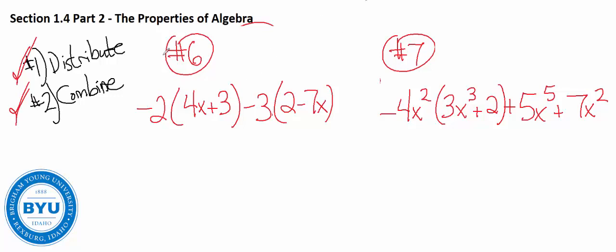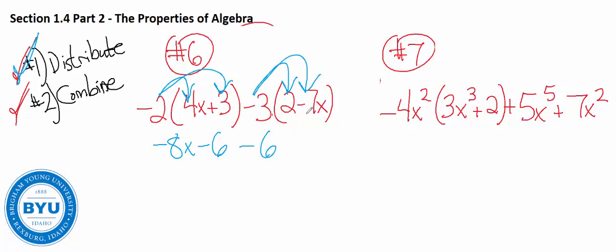Okay, let's start off with number 6. First thing we've got to do is distribute into the parentheses. So we're going to take this negative 2 in. Negative 2 times 4x is negative 8x. And negative 2 times a positive 3 is minus 6. Here we're taking in a negative 3. So negative 3 times 2 is minus 6. And negative 3 times negative 7 is plus 21x.